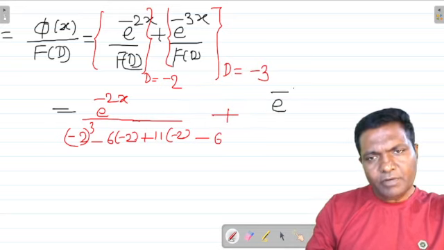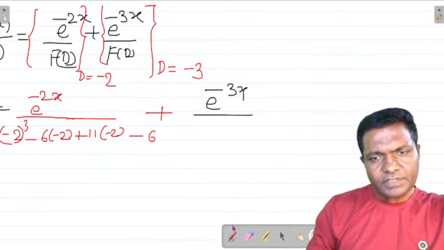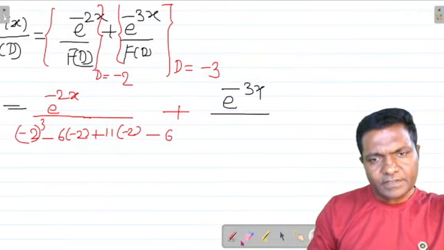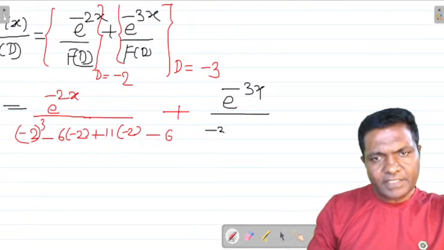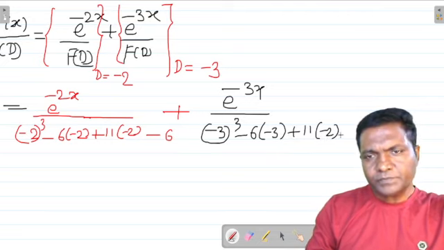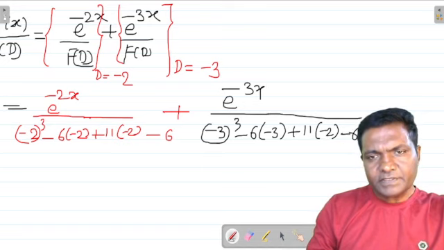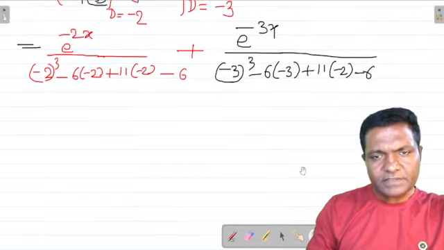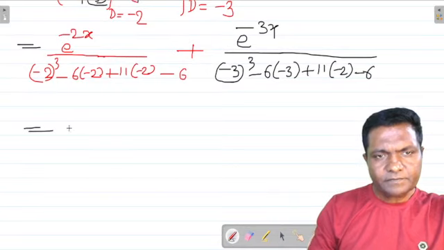So it's e power minus 3x divided by minus 3 cube minus 6 into minus 3 plus 11 into minus 3 minus 6. Simplify this.